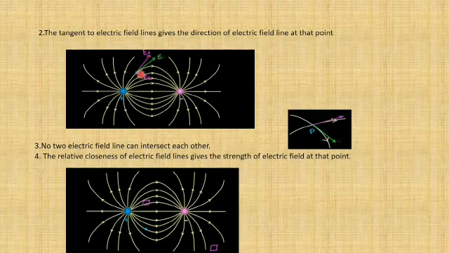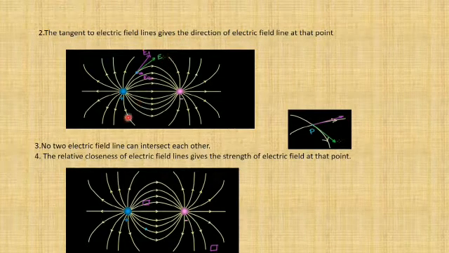So at this point we have E1 this side and E2 this side. So what is the net electric field? It is tangent at this point. You can see one with the green line. So this is tangent to this point. So what is given here? The tangent to the electric field lines gives the direction of electric field at that point.